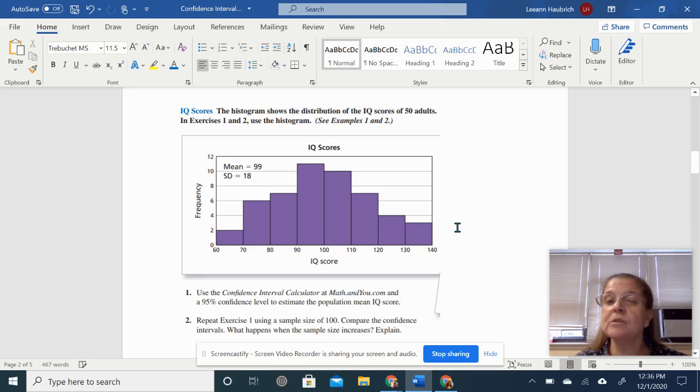So that would give us an estimate of the 95% confidence interval just using twice the standard deviation.